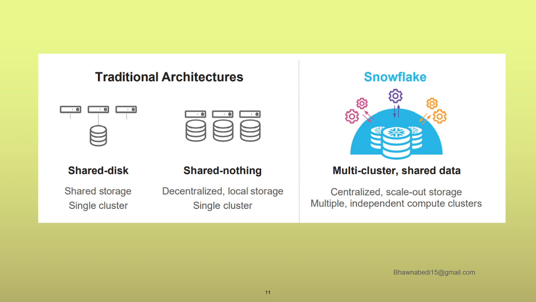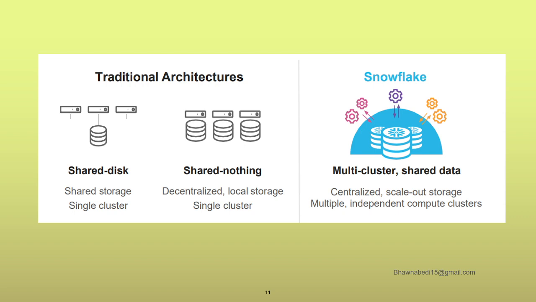You have a centralized location for it, and then you have independent compute clusters or independent virtual warehouses, as we call them in terms of Snowflake. So you have independent compute clusters running on top of that centralized data storage.